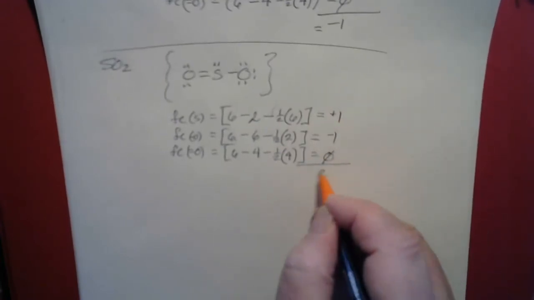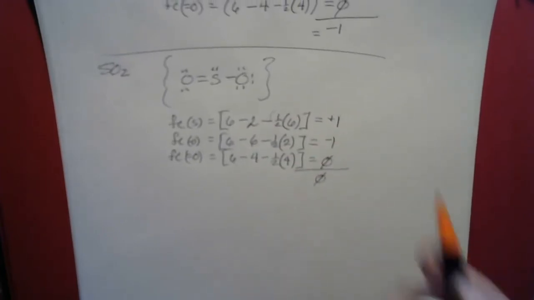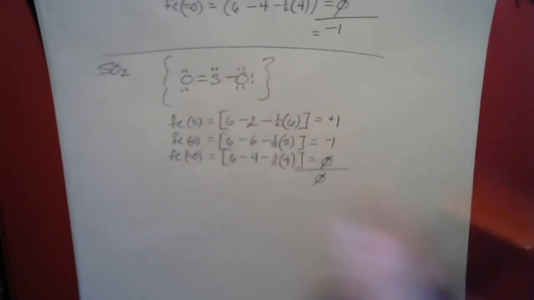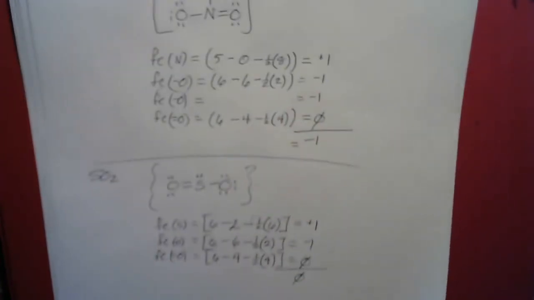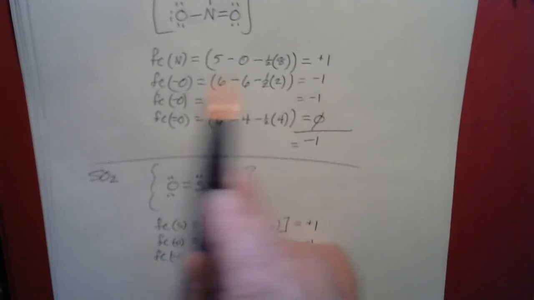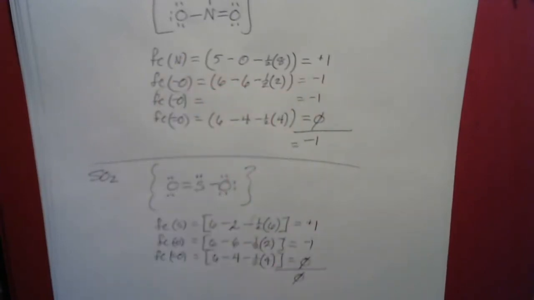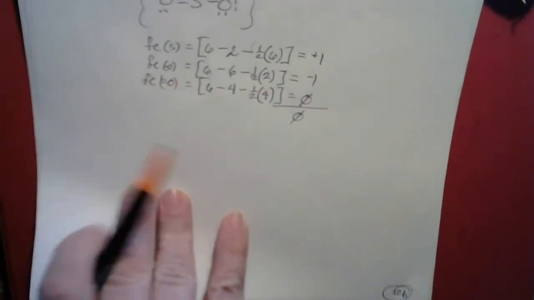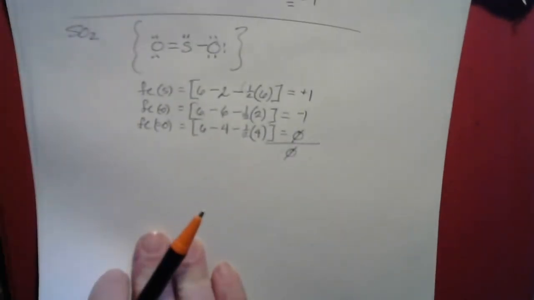So the total of the formal charges is 0. The negative charge was on an oxygen, which is the more electronegative element present. Oh, and by the way, that was true for the nitrate ion also. Negative ones were on oxygens, which is more electronegative than nitrogen. So that was a good sign. And so that means that this is a good Lewis structure.